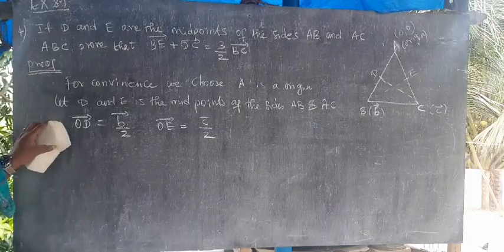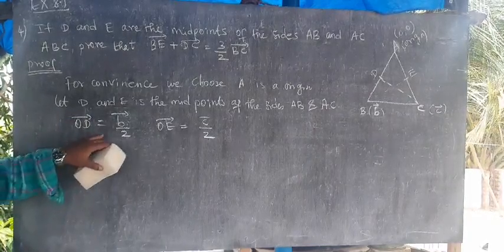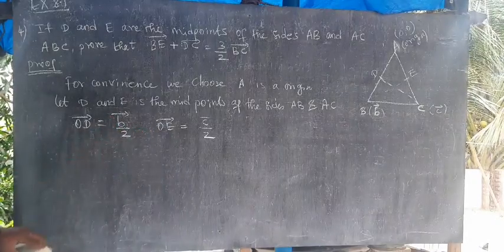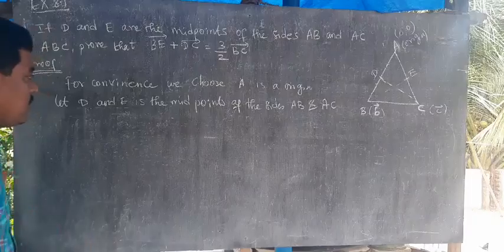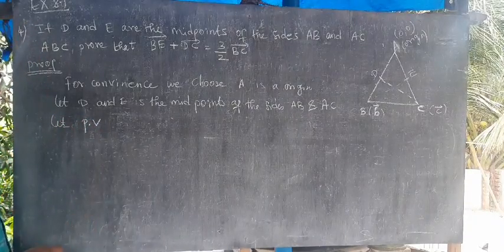Right? So, are you clear? Position vector of D and position vector of E are b vector by 2 and c vector by 2. Right? So in a sentence you write PV meaning position vector.